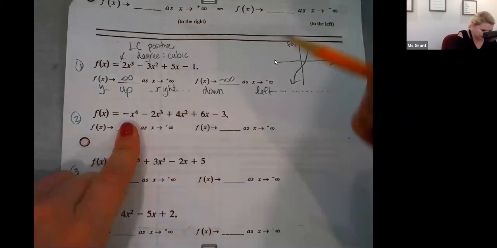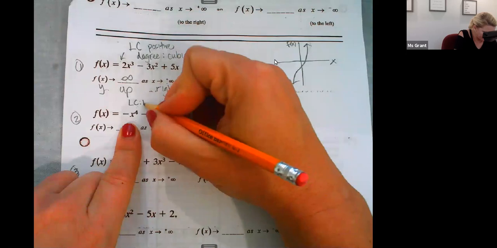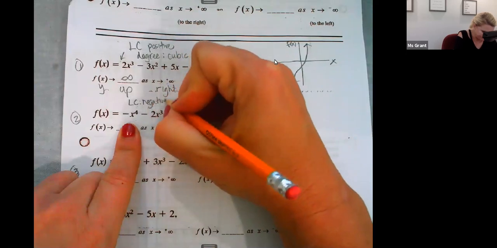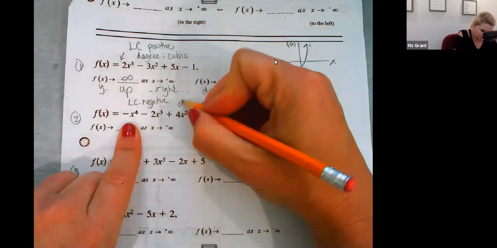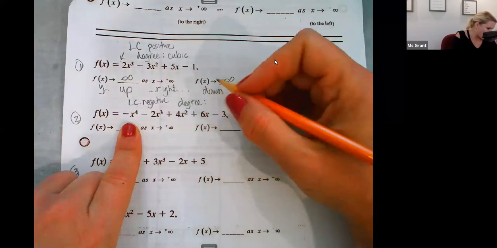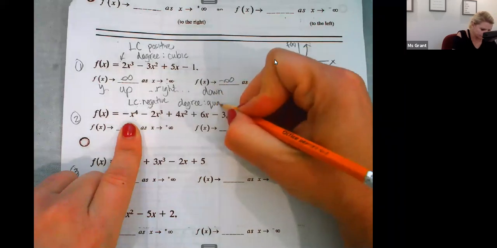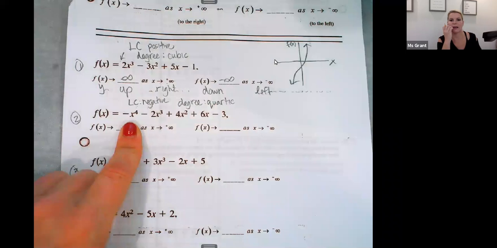Negative x to the 4th. My leading coefficient is negative, and my degree is quartic, Q-U-A-R-T-I-C.